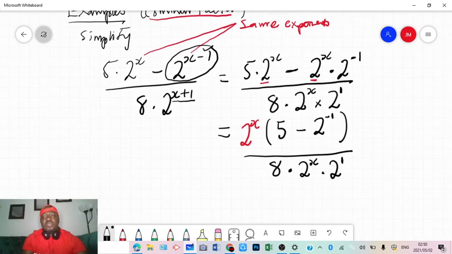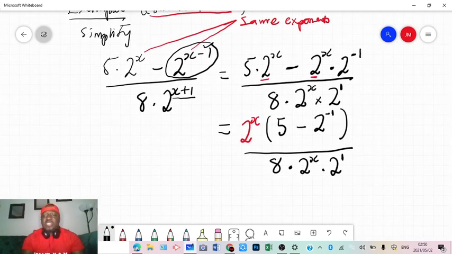It's a very important question because this is a grade 10 level. Now that I've taken out a common factor, the idea was to be able to what? To cancel out the 2 to the power x so that I'll be left with numbers to simplify further.